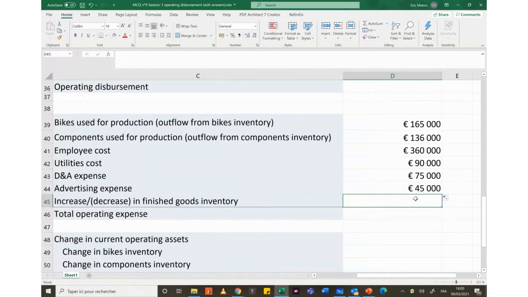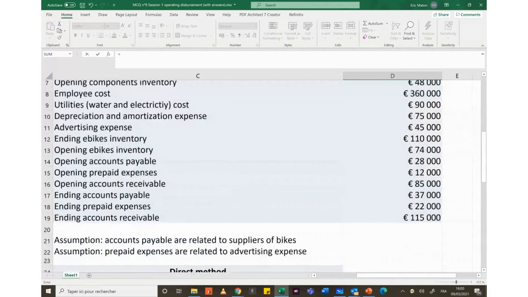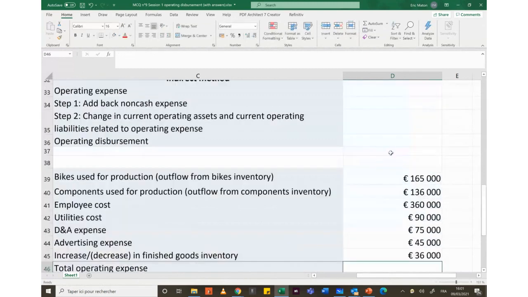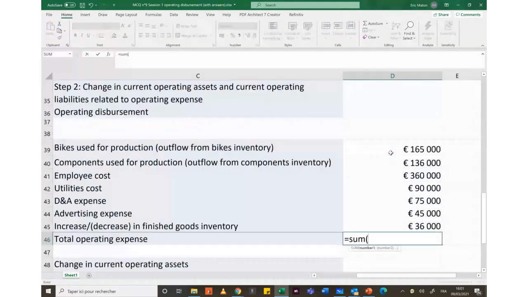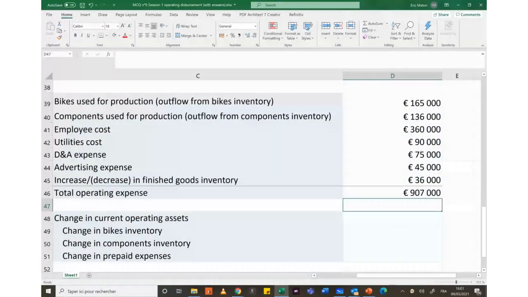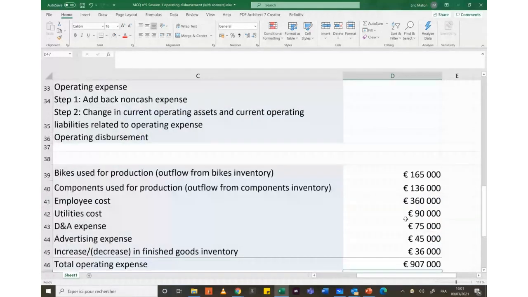So increase in finished good inventory: we need the ending minus the opening, ending finished good inventory minus opening. So increase by 36. So now I add all the operating expenses. 907,000. So the first line in the indirect method is 907,000.